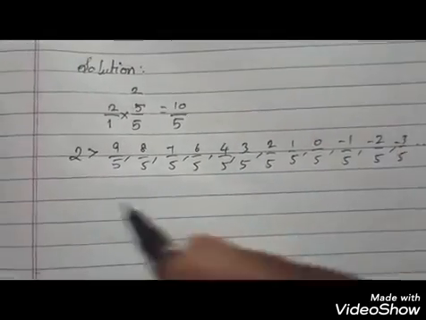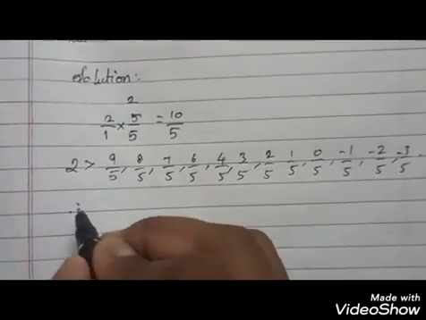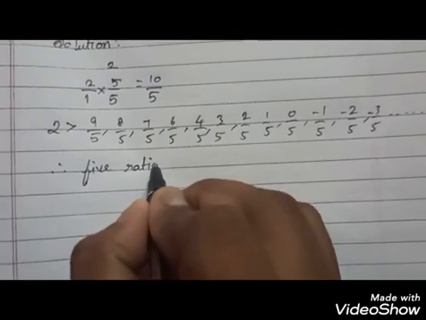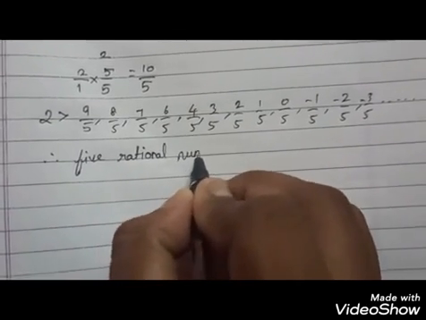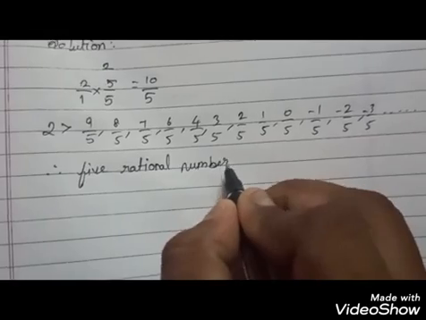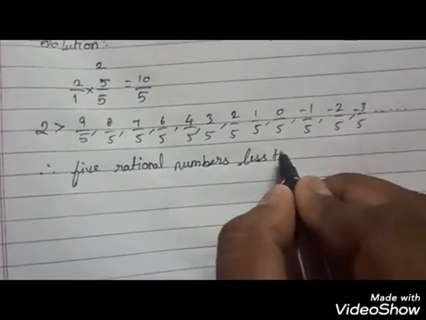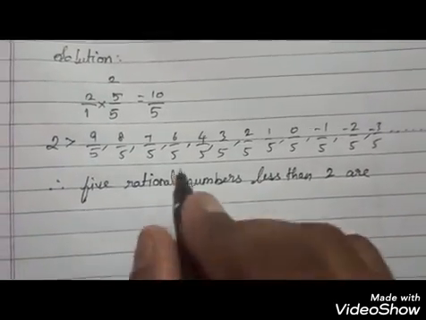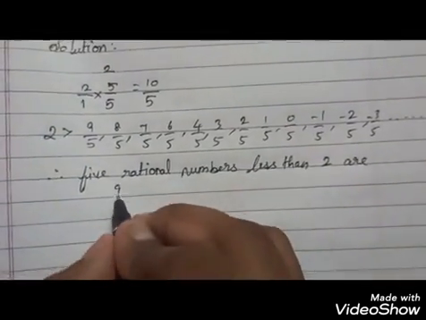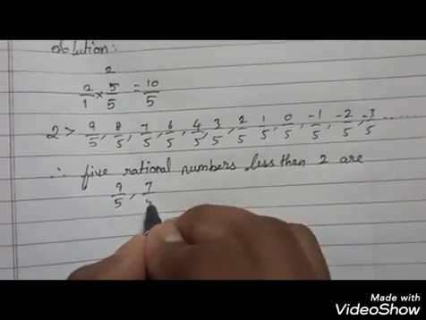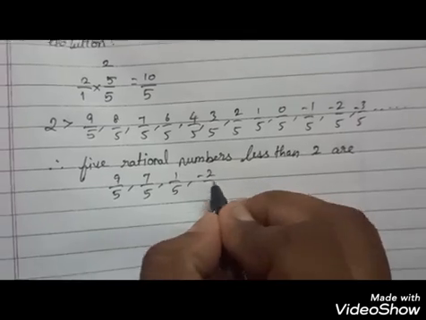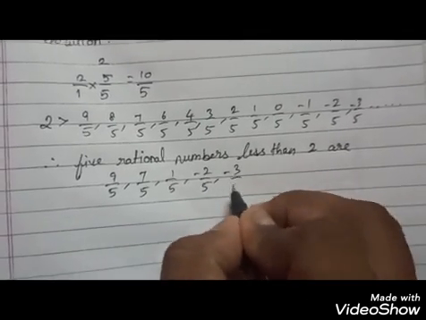So we select any 5. Therefore, 5 rational numbers less than 2 are, I take some positive and negative: 9 by 5, 7 by 5, 1 by 5, minus 2 by 5, minus 3 by 5.